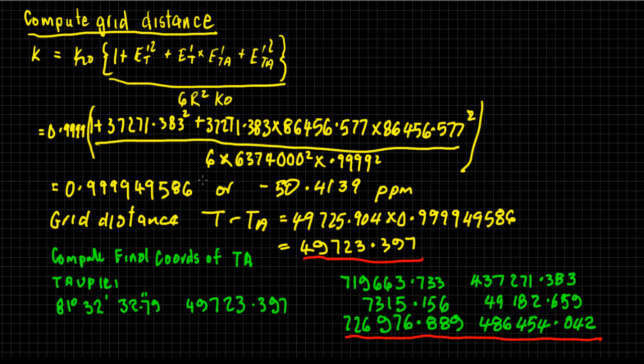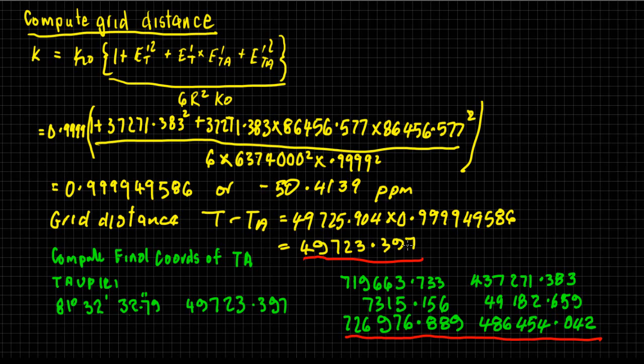0.999949586. Now we can convert that to parts per million by simply subtracting this value from 1 and multiplying by a million, and that's 50.4139 ppm. Now the grid distance is very easily worked out: from Taupri to Te Aroha, it's our ellipsoidal distance multiplied by the scale factor, which gives us 49,723.397.